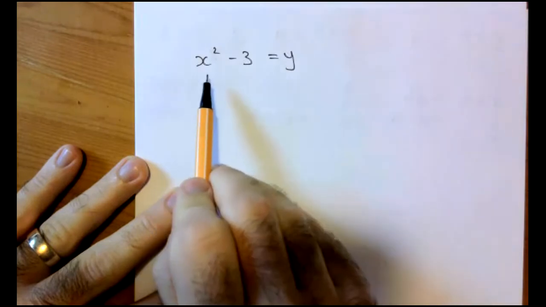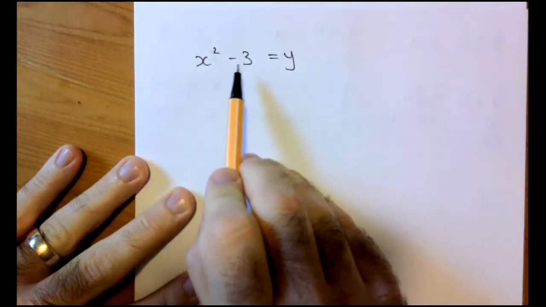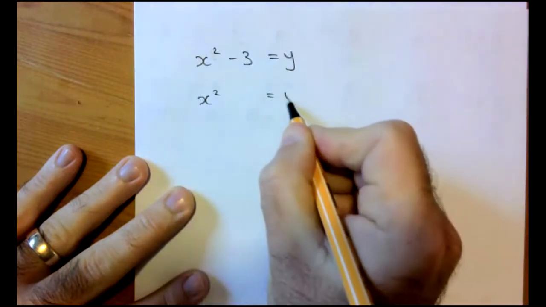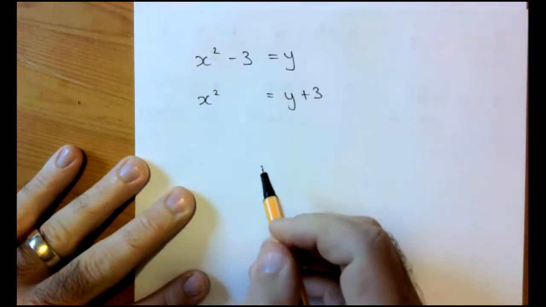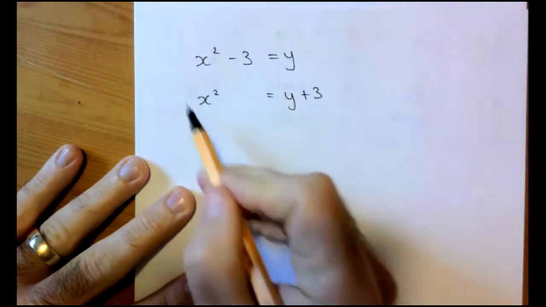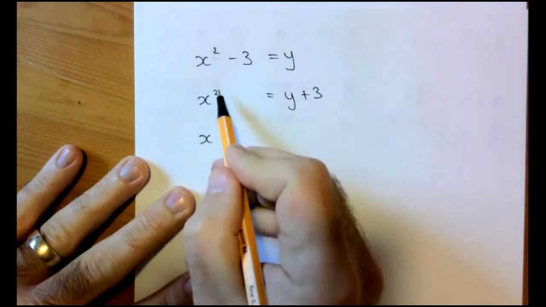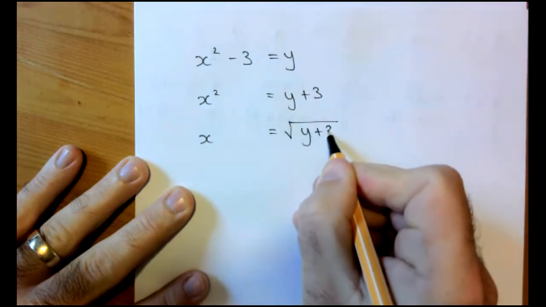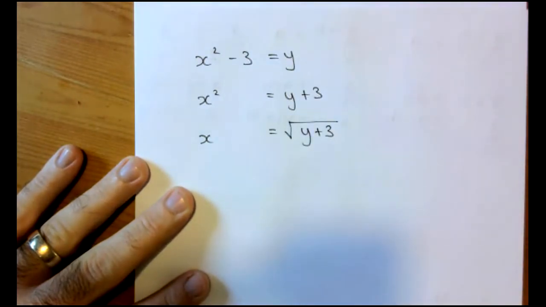The first thing I want to get rid of is the minus 3. So x squared equals y plus 3. But I've got x squared and I want x on its own. So how do I undo a squaring? That's right, we square root. So we've now made x the subject of the formula.